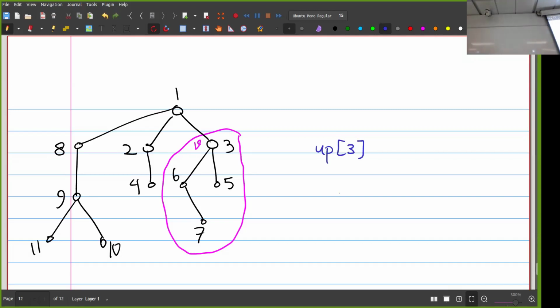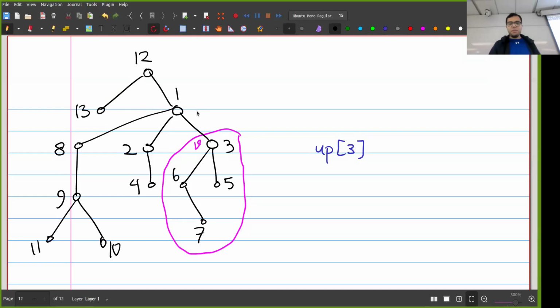Okay. So I want to start from 3. And I know that the first step I'm going to take is going up the tree to the parent. But then from the parent, where do I go? Again, I can do a casework. Maybe from the parent, I keep going up. Maybe there is something here, right?